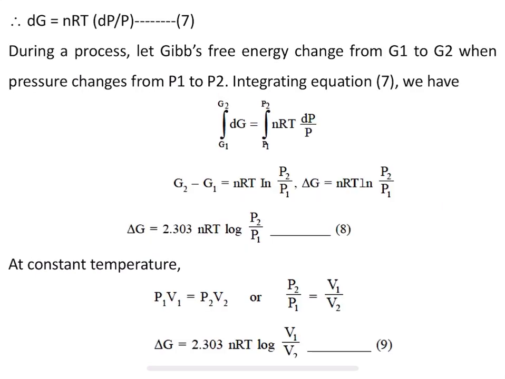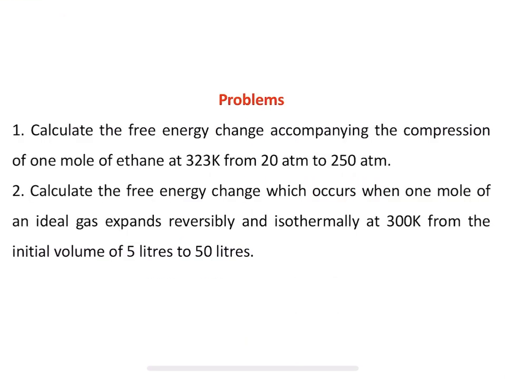So we are going to get delta G is equal to 2.303 into 1 into 8.314 into 300 log 5 divided by 50. Substitute that value and we calculate the free energy change which occurs when 1 mole of an ideal gas expands reversibly and isothermally at 300 Kelvin from the initial volume of 5 liters to 50 liters.